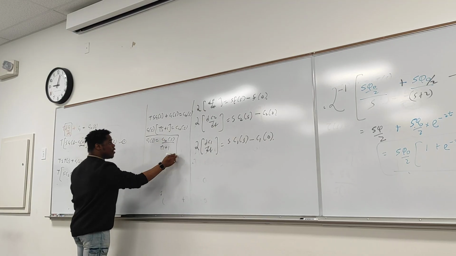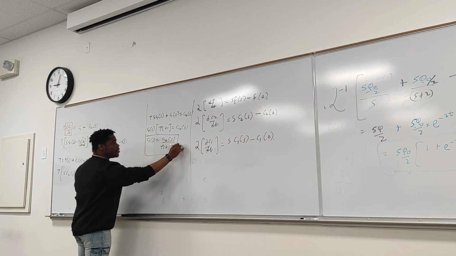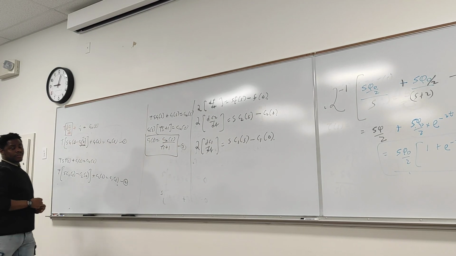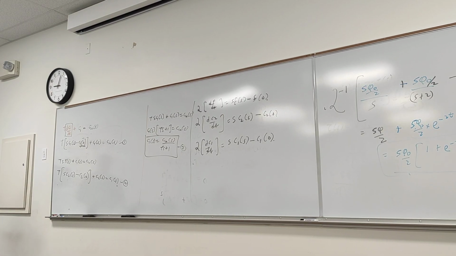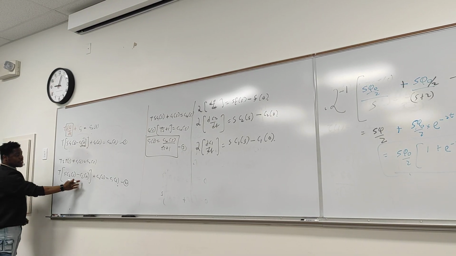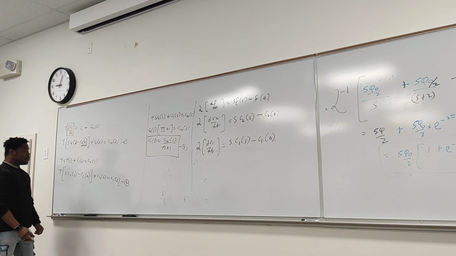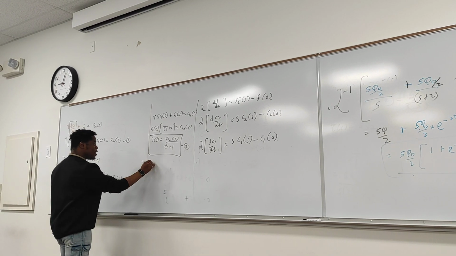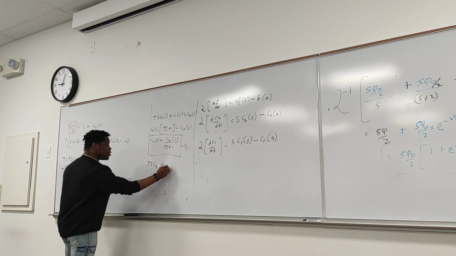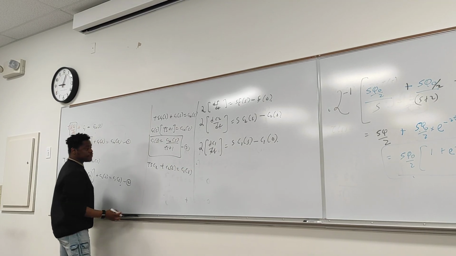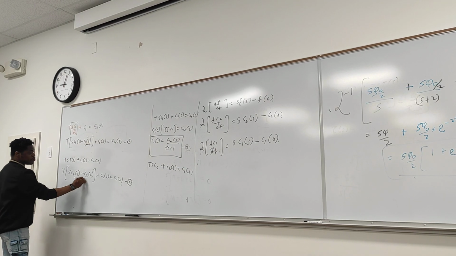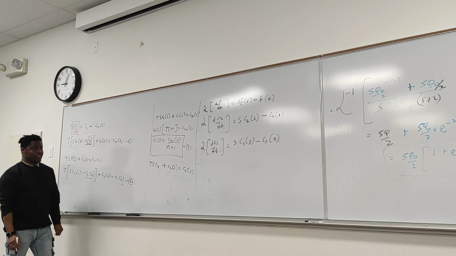So our C1 of S becomes C in of S divided by tau S plus 1. So we can call this equation 3. Let's do the same for this equation. Again, the C2 initial condition is 0. So we have tau S C2 of S plus C2 of S equals C1 of S, because this is also 0 at the initial condition, time t is 0.